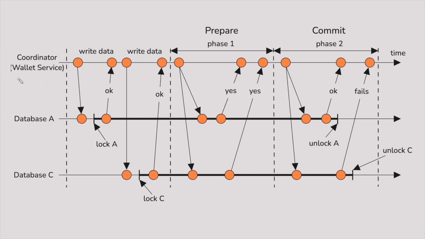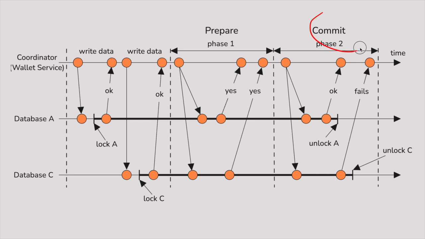So as we want to transfer balance from database A to database C, for instance, we would need to first lock both databases' rows that participate in this transaction. Then we would write data to both of these databases and then execute two stages, prepare and commit.